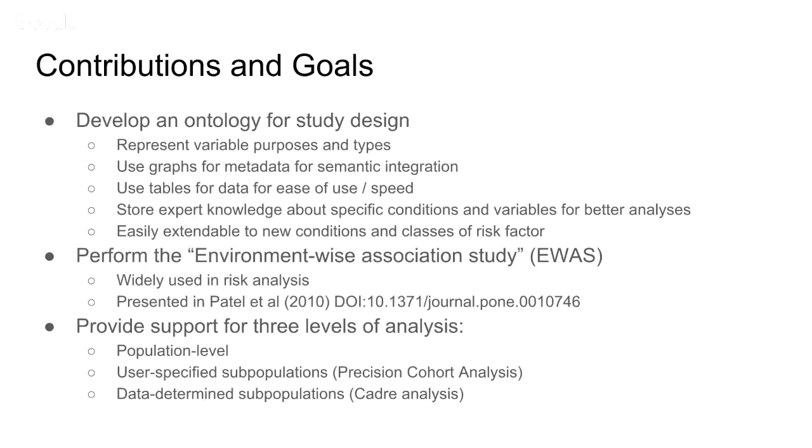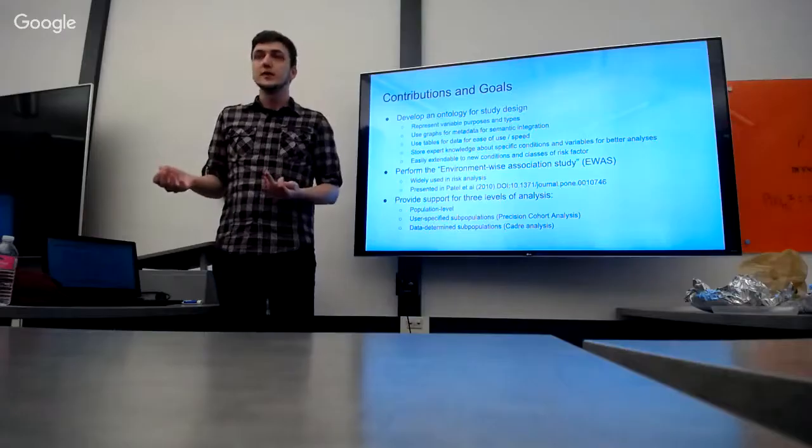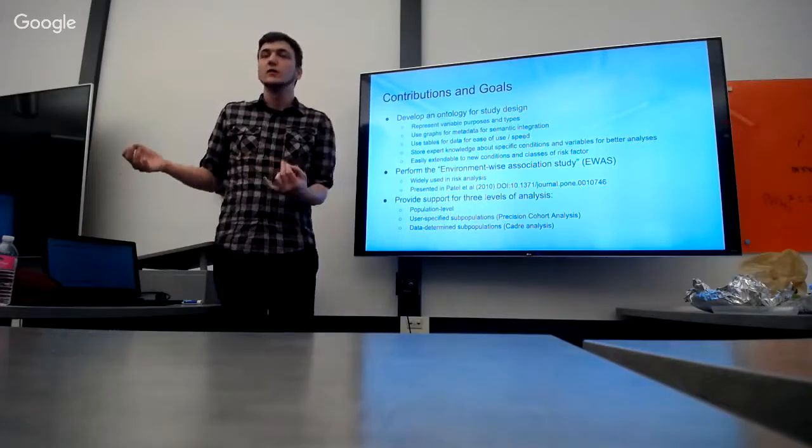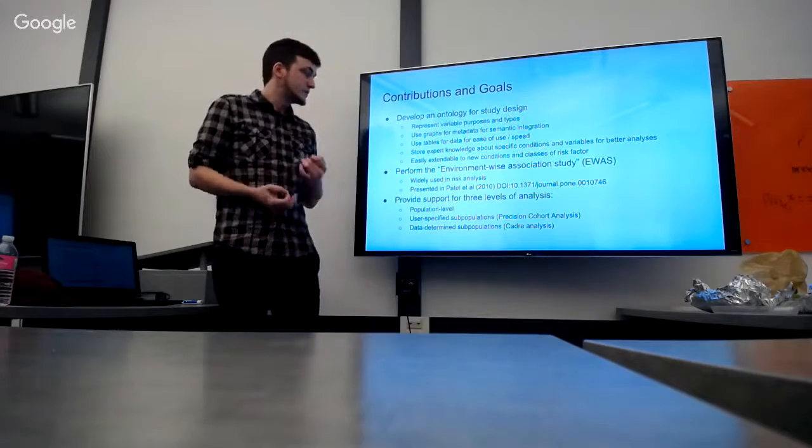The class of analysis we're doing is this environment-wide association study, or EWAS. What the EWAS is, like I said, you have some list of possible risk factors, and then maybe a set of controlling factors. You look at the risk factors one by one and look for their association with the target condition while controlling for the control factors.